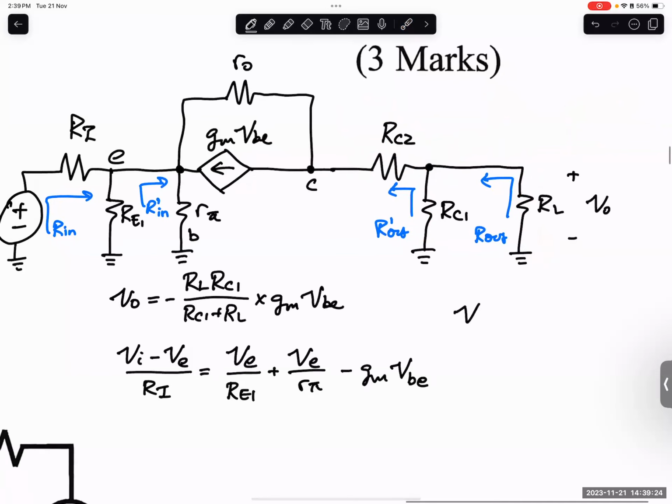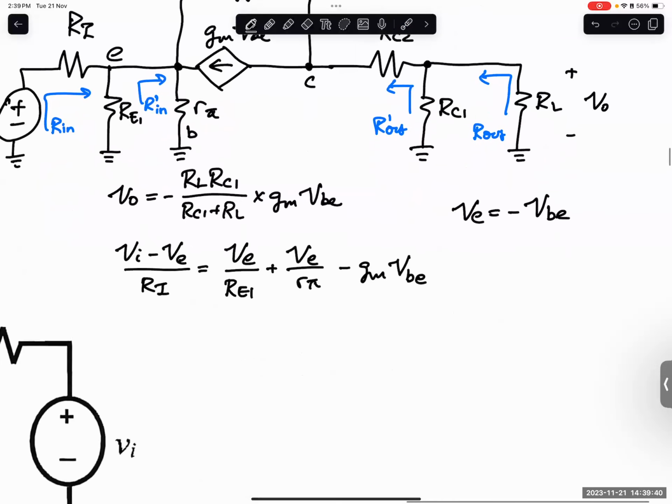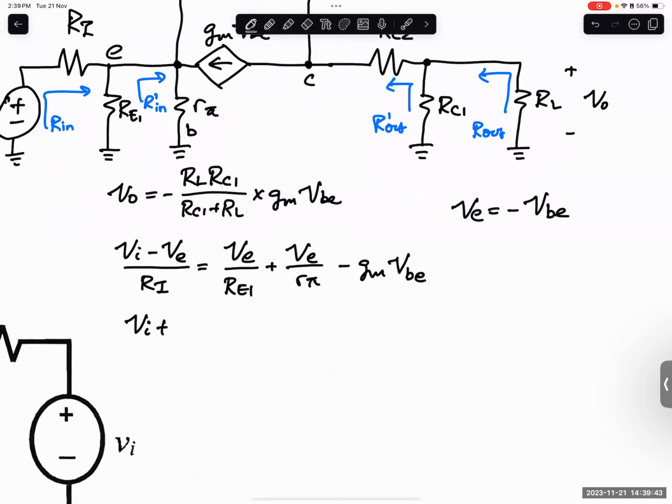Okay, so VBE equals to what? In expression of VBE, it is negative VE, since B is ground. So VI plus VBE over RI equals negative VBE over RE1 minus gm VBE. I'm just writing this for better understanding, but actually can shortcut.